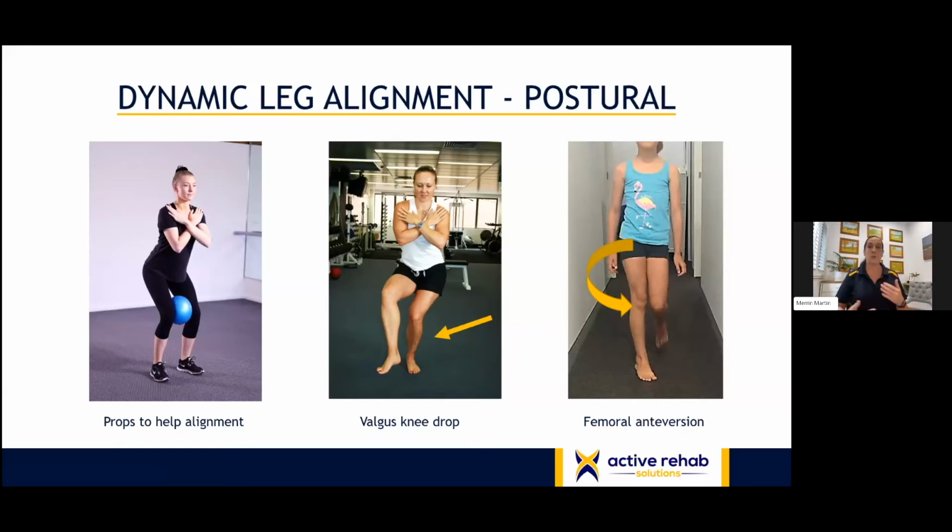Whenever you're doing your squats, your lunges, your core work, your walk, Pilates, reformer work, you can always put in a little prop in between the knees to help them understand that correct alignment if they're really struggling with the knee valgus or the hips turning in and their legs are all over the place. So that's just one suggestion.